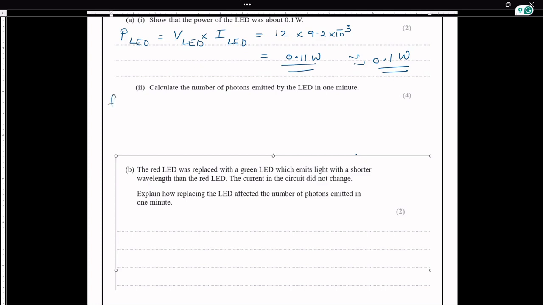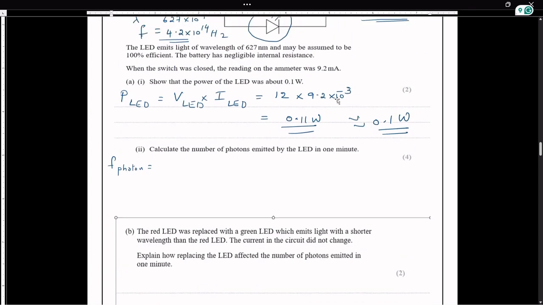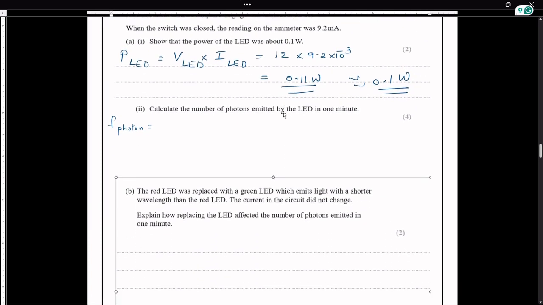The number we got is 4.8 times 10 to the power of 14 hertz. Here I have mentioned the frequency of the photon.